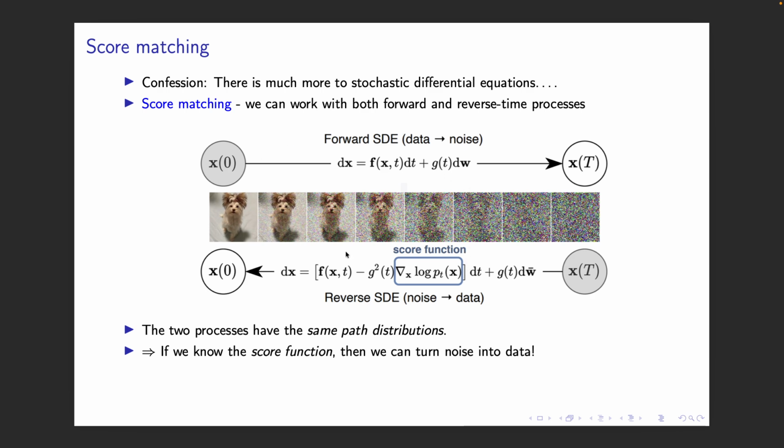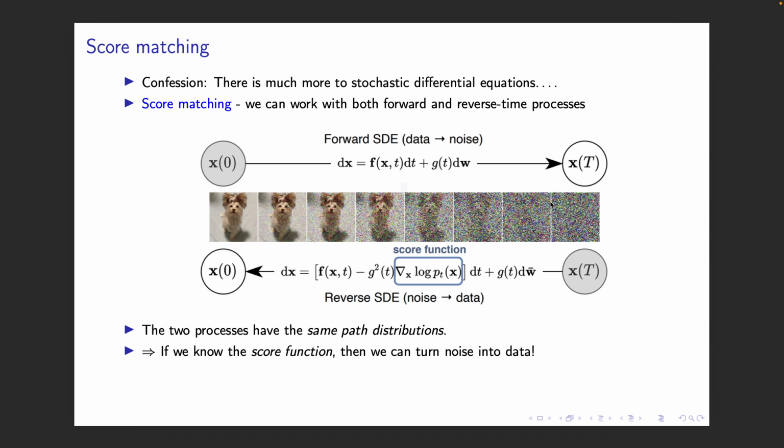In score matching, in the way that I will explain it, we massage this diffusion objective in such a way that it's an objective to learn to approximate this score function. And it uses this very famous fact that you can define a stochastic process going one way or a stochastic process going the other way, and these will sample the same paths.